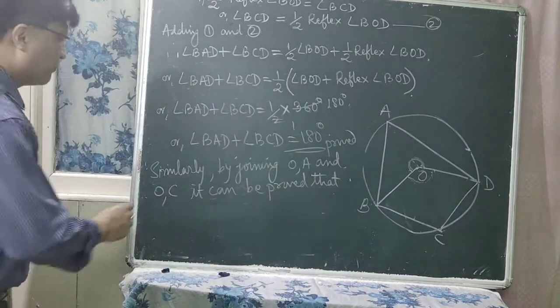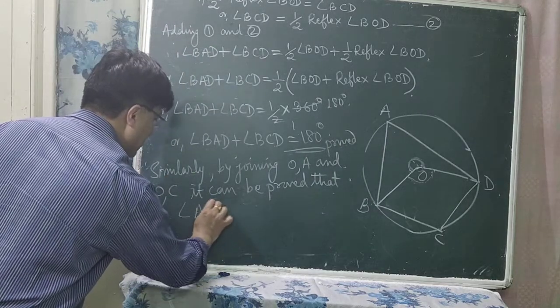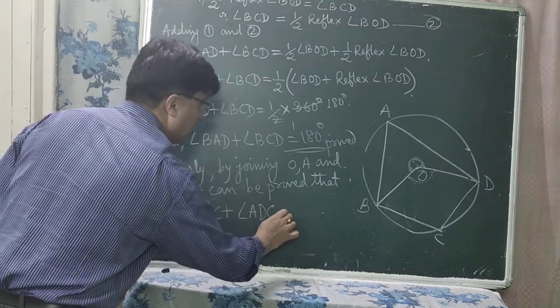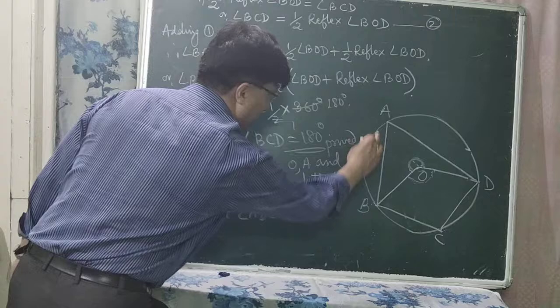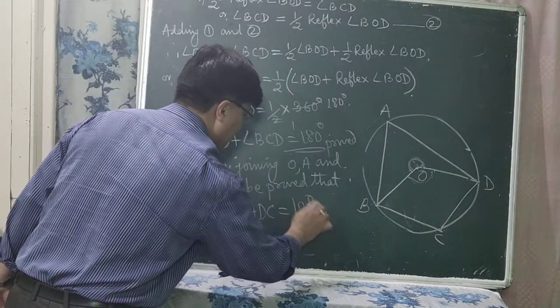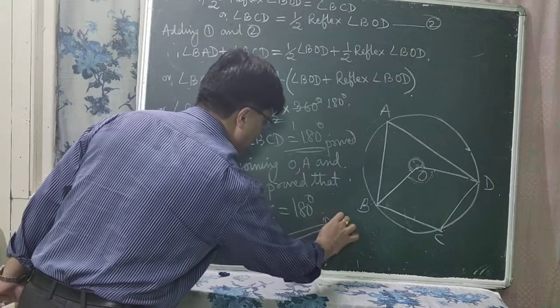What can we prove? Angle ABC plus angle ADC is equal to 180 degrees. So we have proved it.